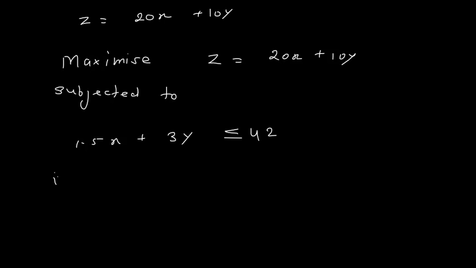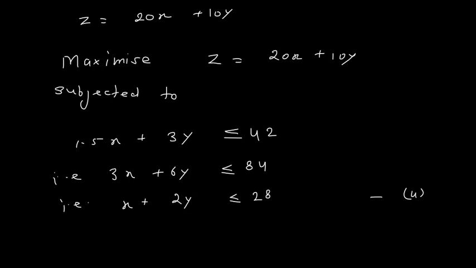That is, I can say 3x plus 6y is less than or equal to 84. We can divide this by 3, so that is x plus 2y less than or equal to 28. Since equations 1, 2, 3 are already used, let us consider this as equation 4.